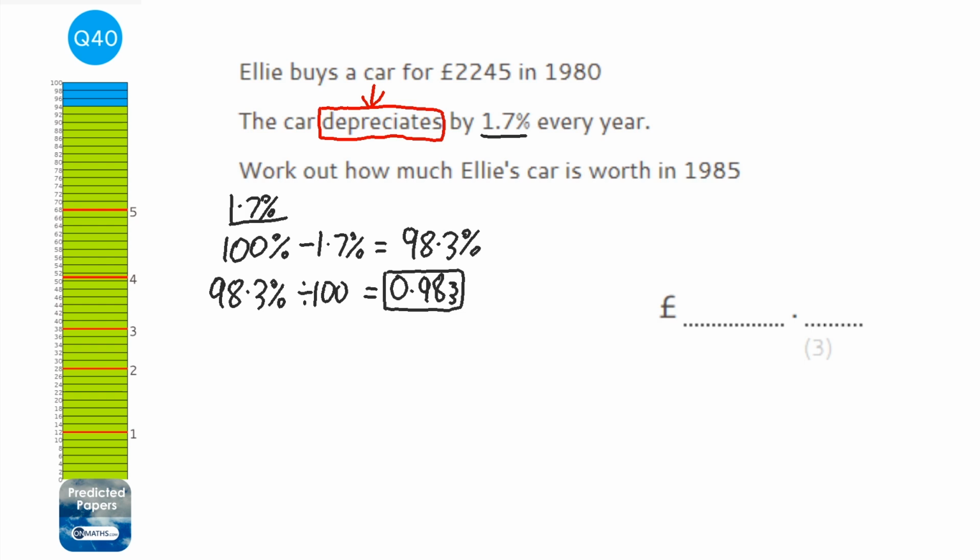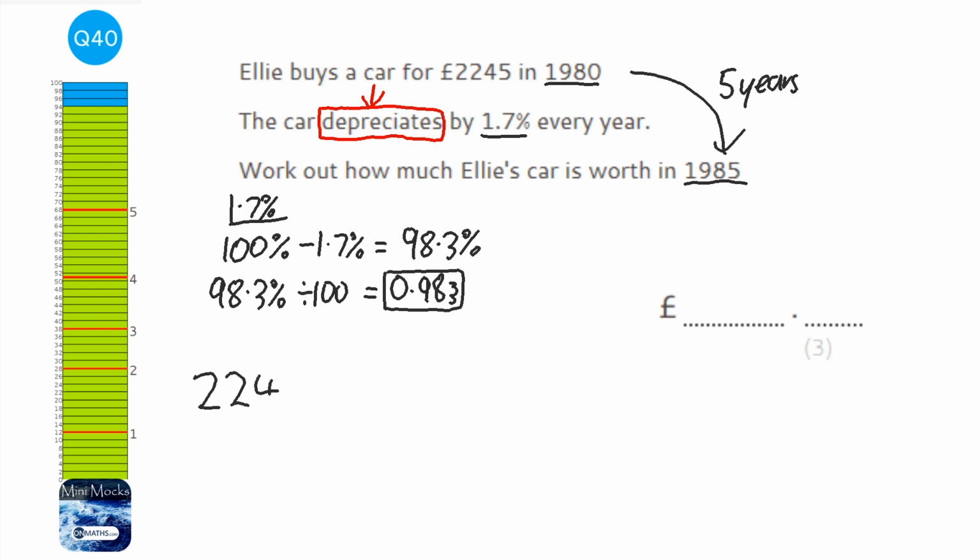So we've got a car we bought in 1980, and what is it worth in 1985? So that is 5 years. So it's going to depreciate by 1.7% every year. So we've got the 2,245. And if we times it by 0.983 once, that's 1 year.